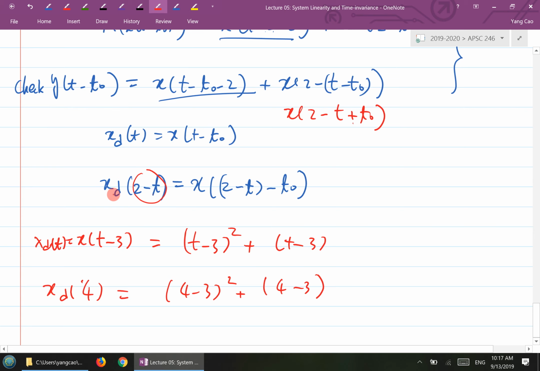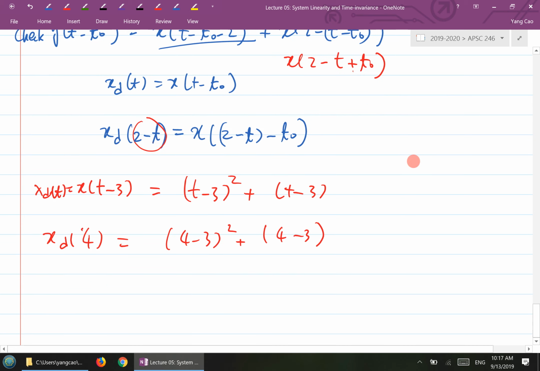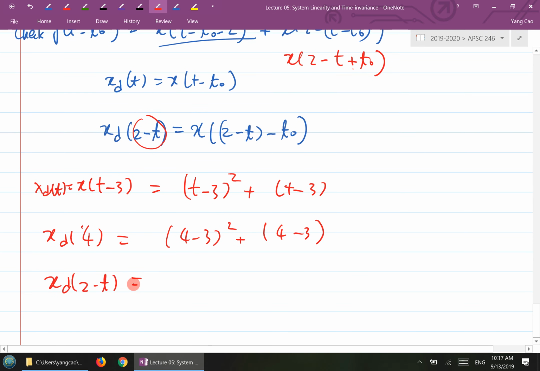Except that here we're replacing the t with what? 2 minus t. So basically, instead of a number, you're replacing it with another expression. So I'm going to find the t here, to do this replacement. So that's what happened in the background, right?